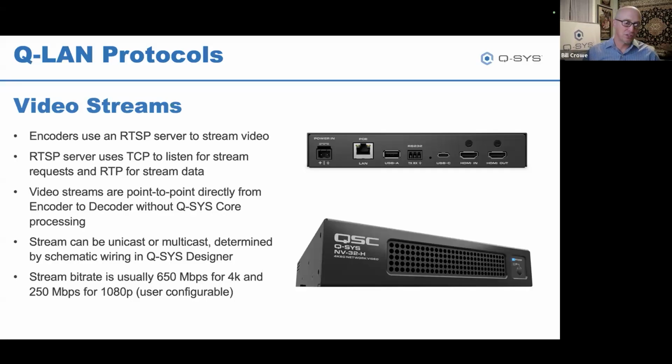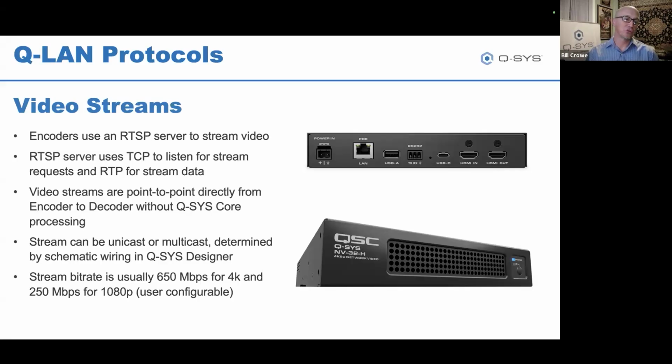We do get questions quite often about core processors being able to handle X number of video streams. To be quite honest, as far as the core processor is concerned, it's mainly a control exercise because the core is just telling the decoders which video stream to subscribe to. Those video streams do not pass through the core. That video data goes directly from encoder to decoder.